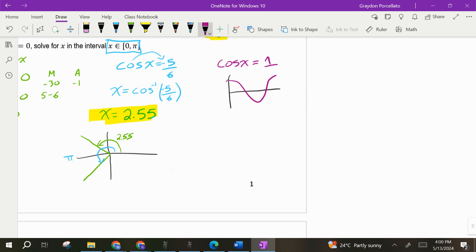It's equal to 1 when x is 0. And you can try to take the cos inverse of that. x equals the cos inverse of 1. And when you do that, you get 0. Notice that the next time it's at 1 is at 2 pi, which is greater than our interval that it's asking about. So we only have 2 solutions in this case.